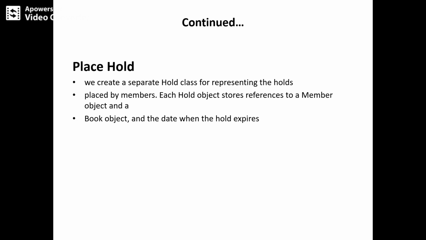Another possibility is that the book and member create their own individualized hold objects, with a book hold class which stores the date and reference to a particular member, and a member hold storing the date and reference to a particular book. Such a solution is less preferable because it requires creating additional classes.